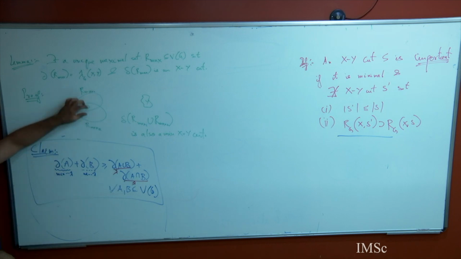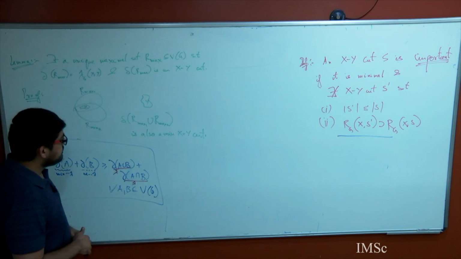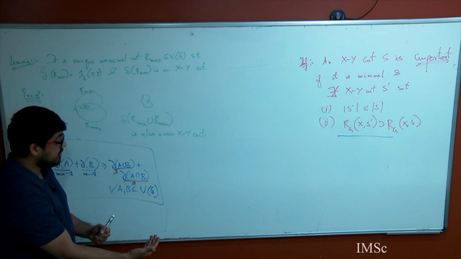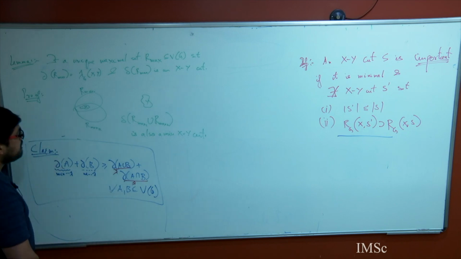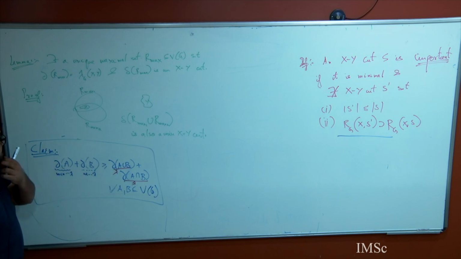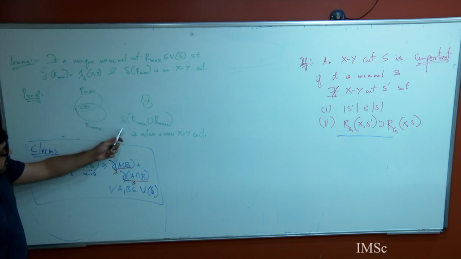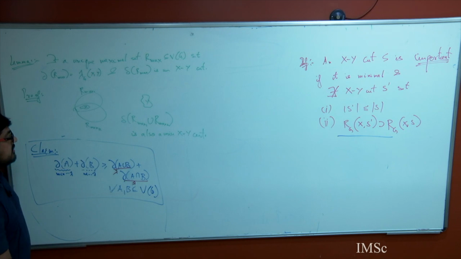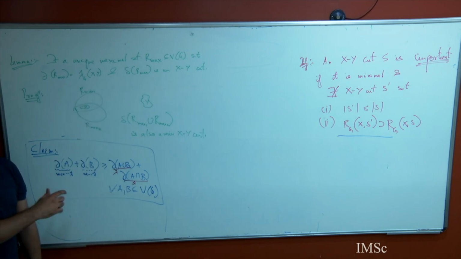If these two are both minimum, the number of edges going out of the intersection and the union are both also equal to the size of the min cut, which makes the union and the intersection also min cuts, or at least the reachability regions of min cuts. But do you see that now R max 1 union R max 2 contradicts our choice of R max 1 and R max 2 as maximal sets.